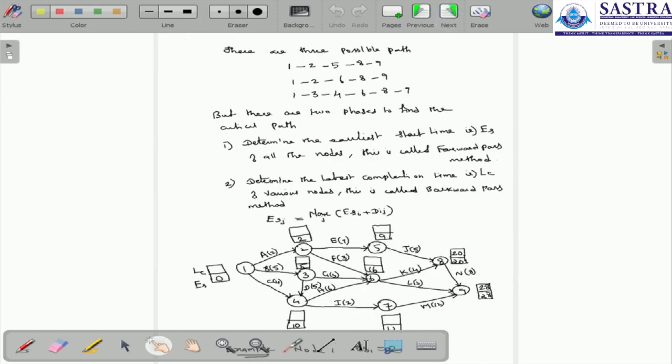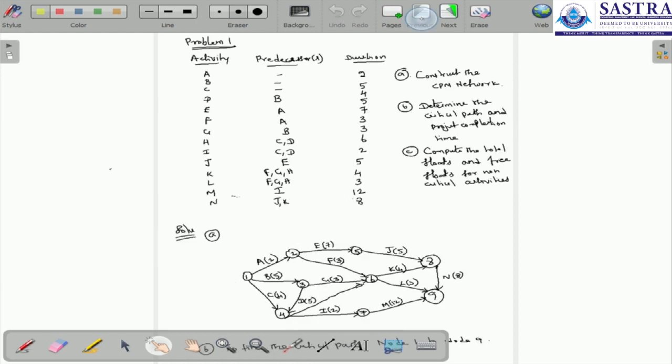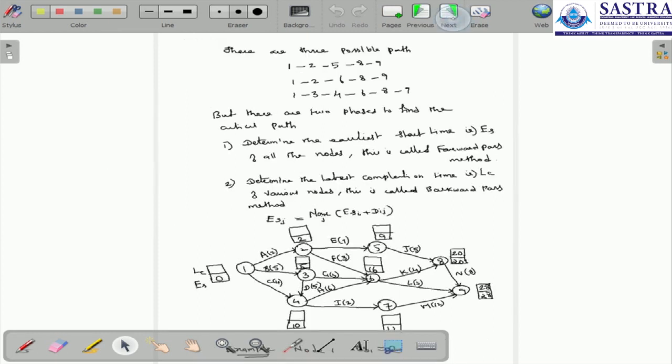The next thing is we are going to find the critical path. The first question is to construct the CPM network, which we have now done. The second question is to find the critical path from node 1 to 9. There are 3 possible paths in this network, through nodes 1, 2, 3, 4, 5, 6, 7, 8, 9.